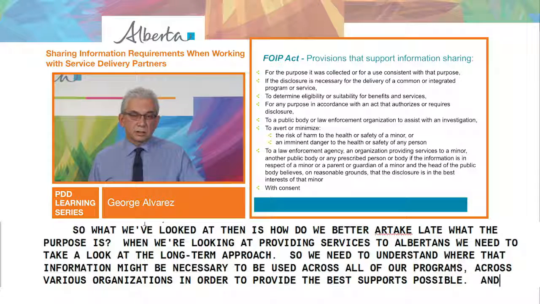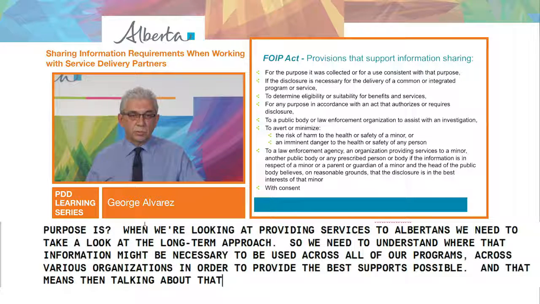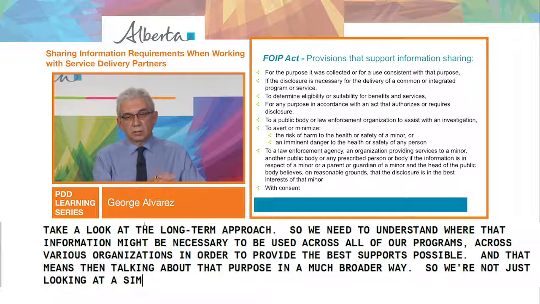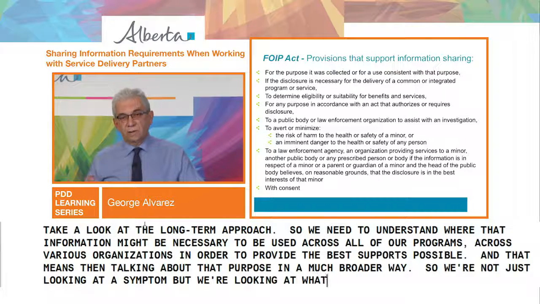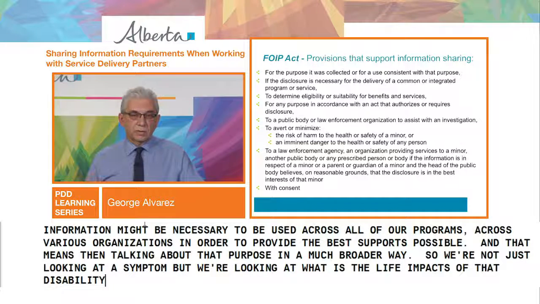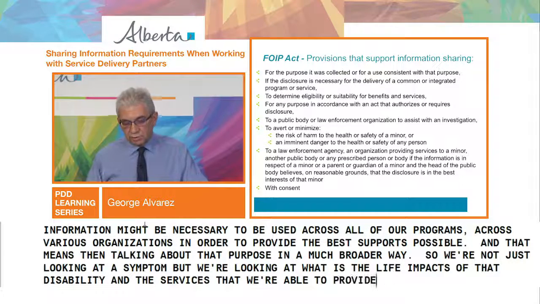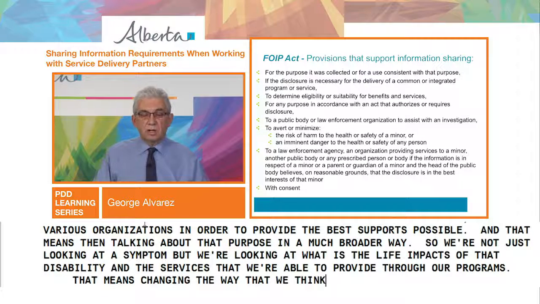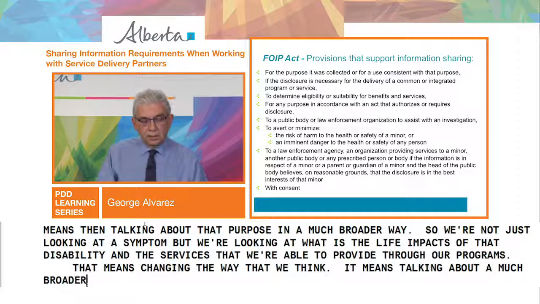And that means then talking about that purpose in a much broader way. So we're not just looking at a symptom, but we're looking at what is the life impacts of that disability and the services that we're able to provide through our programs. That means changing the way that we think. It means talking about a much broader purpose.